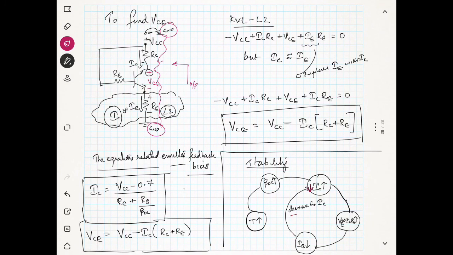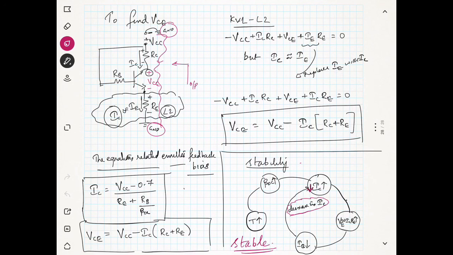So whenever there is a change in the temperature, IC will try to increase, but IC will immediately come down, and it will maintain almost the same value, so this biasing technique is stable. I hope that this is clear to you.